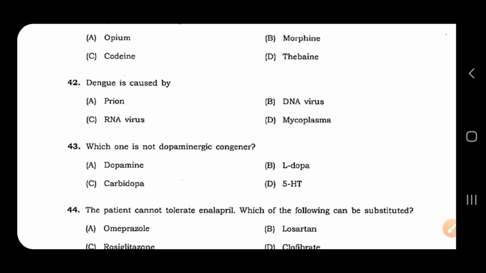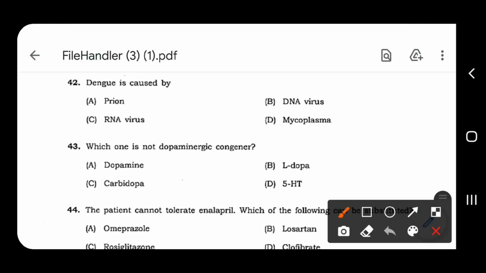Dengue is caused by protein, DNA virus, RNA virus, mycoplasma. Here the correct answer is RNA virus. Coronavirus is also an RNA virus.